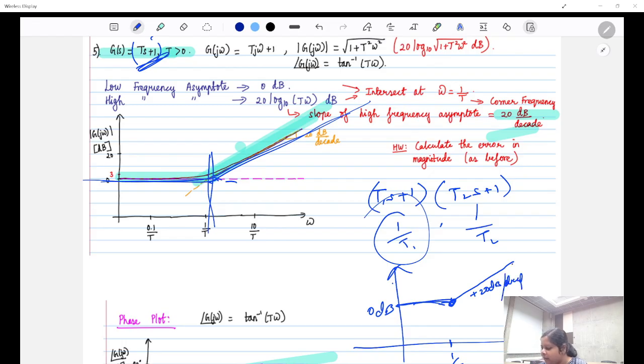But after you come here, what would happen at 1 by T2? It was already rising at plus 20 dB per decade, but since we have encountered another zero coming in, which would give another 20 dB per decade rise, that means this would proceed at plus 40 dB per decade.